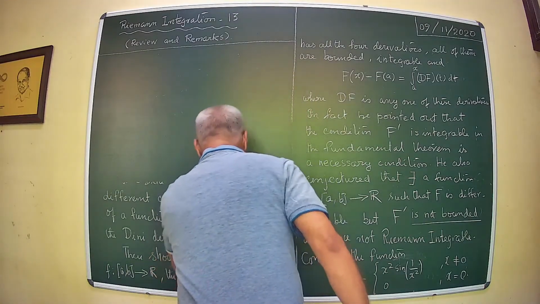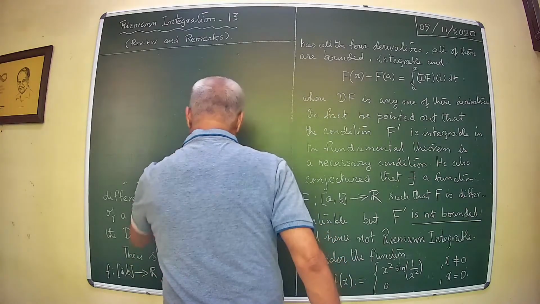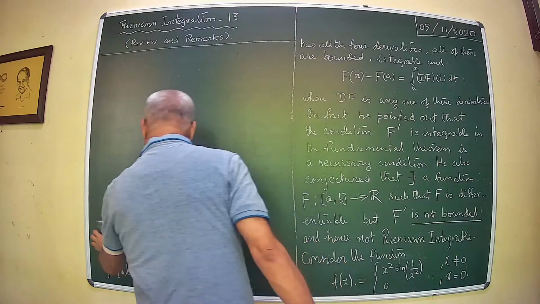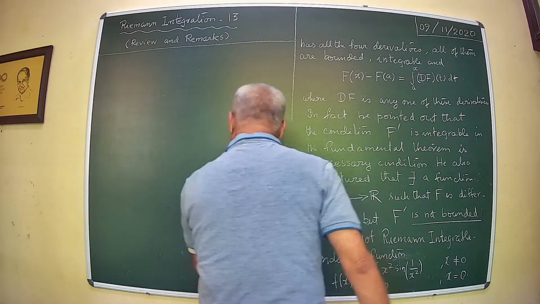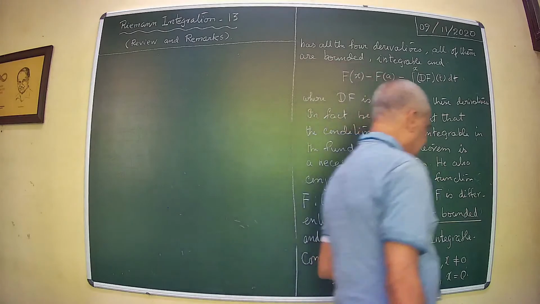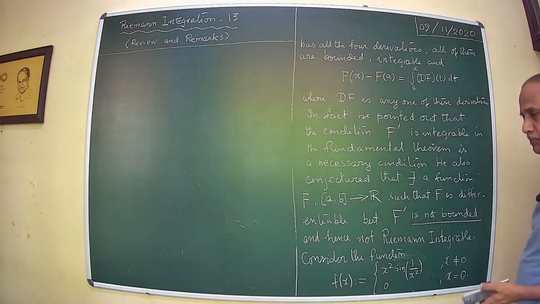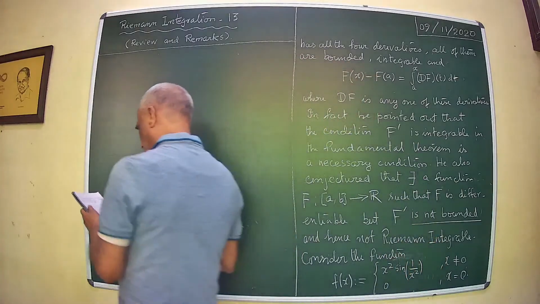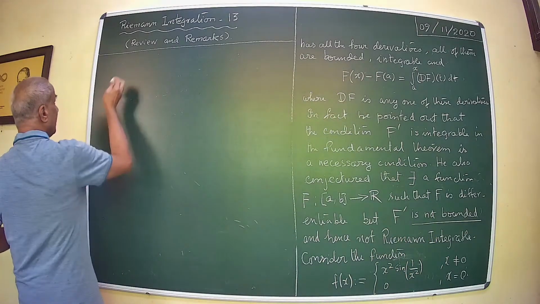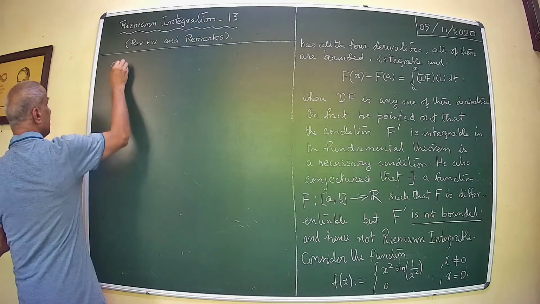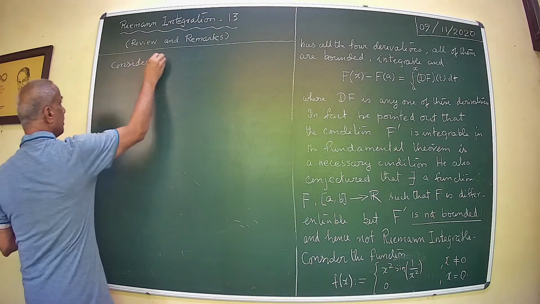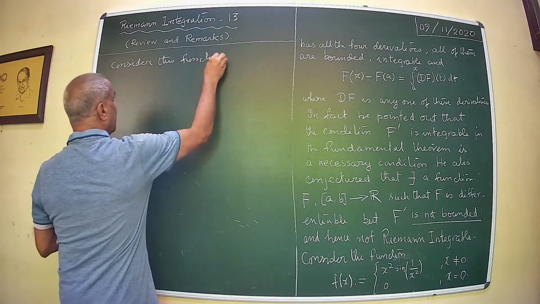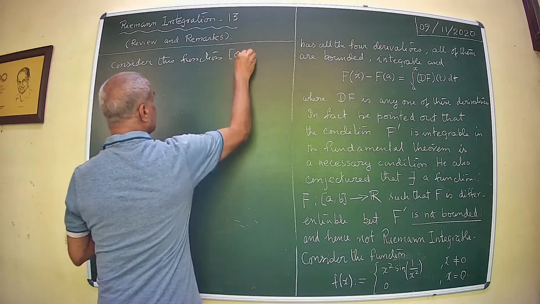Now first of all, you observe that it is defined at 0, as we have defined, and the function is continuous. That is because sine 1 by x squared is a bounded function. Therefore, we consider this function on the interval around 0.